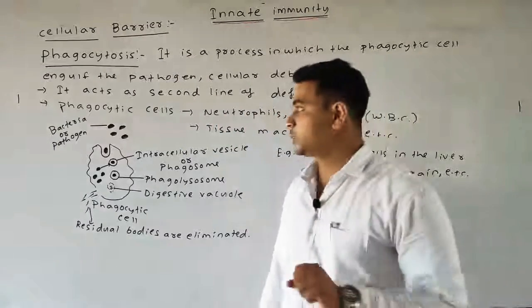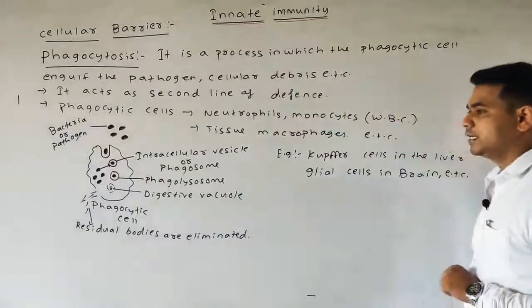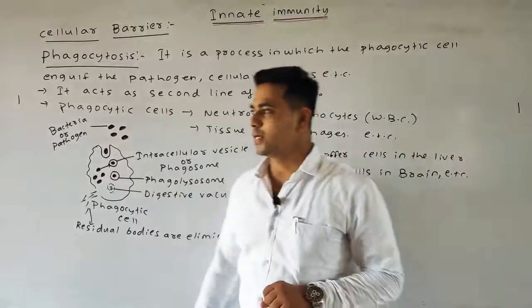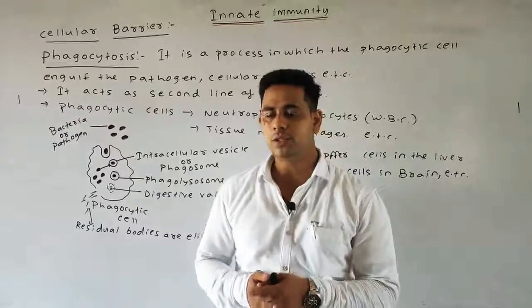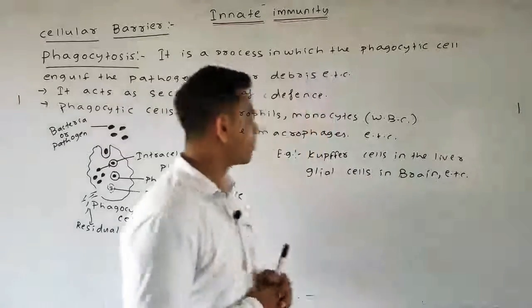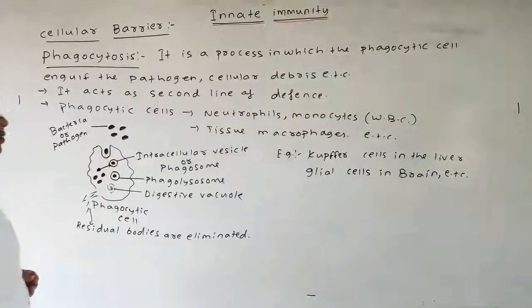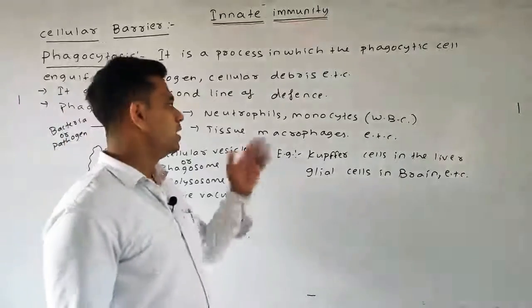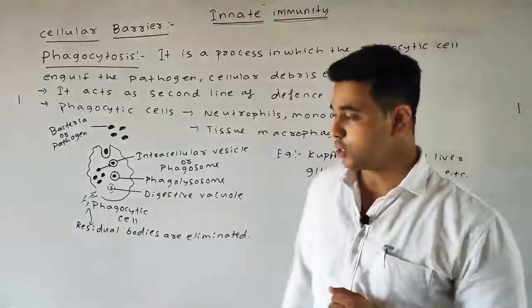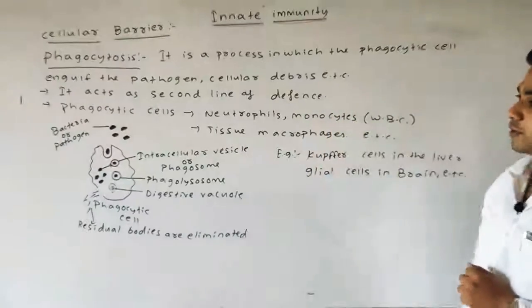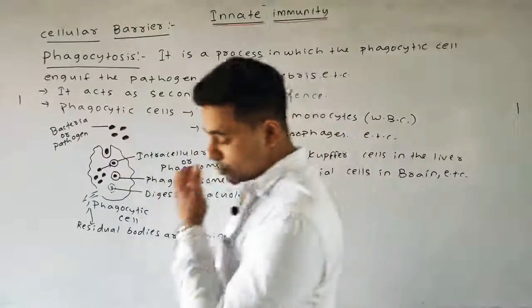Further, till now we discussed what is phagocytosis. It is a process in which the phagocytic cells engulf the pathogens or the cellular debris, etc. Then we discussed the various common phagocytic cells such as your neutrophils and monocytes, which are types of WBC, and tissue macrophages are also phagocytic cells. Then we discussed the concept.